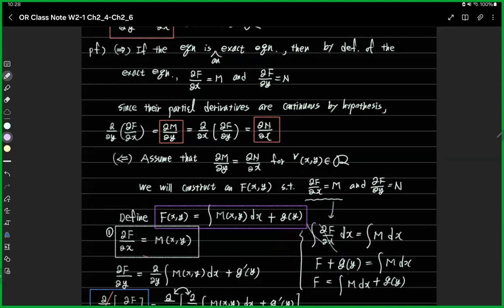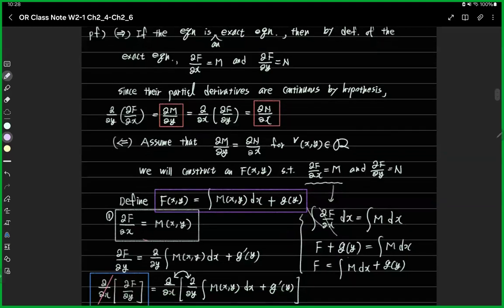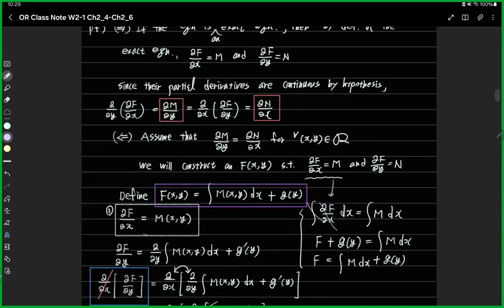Now what are you going to do? Since the partial of f with respect to y equals N, when we construct the f like this, then the partial with respect to x is going to be M. So this satisfies the first condition.